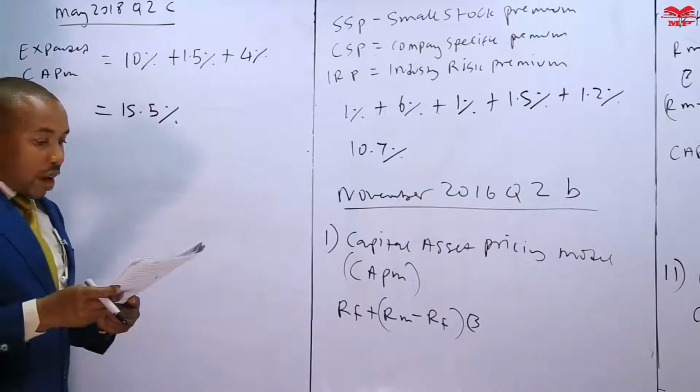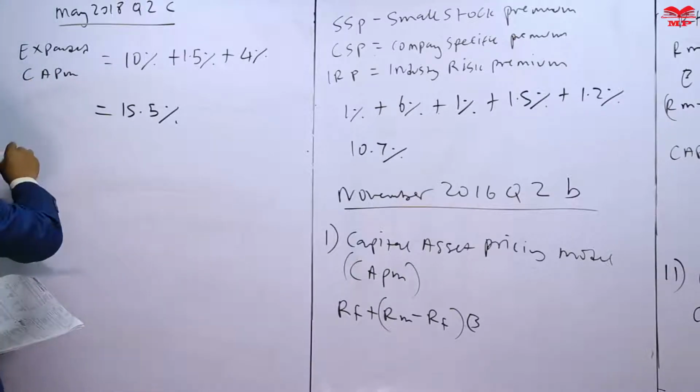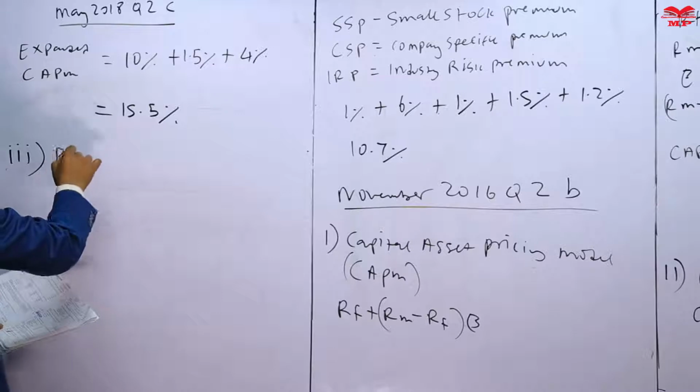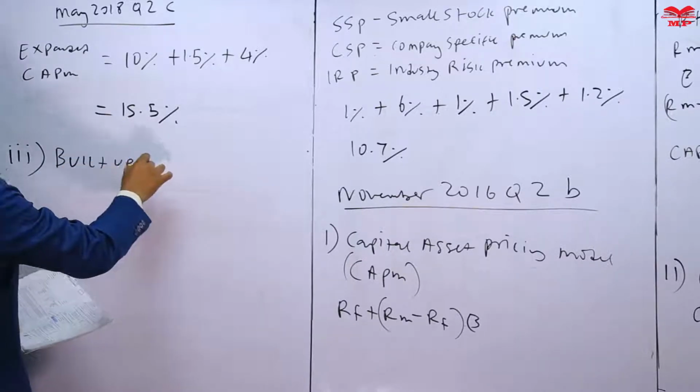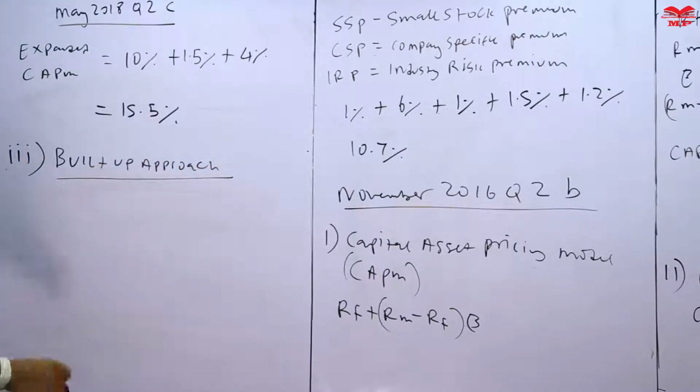That is the expanded CAPM required return. Now, we look at the build-up approach, part 3. In the build-up approach, we start off by having the risk-free rate of the company, which is 1%.